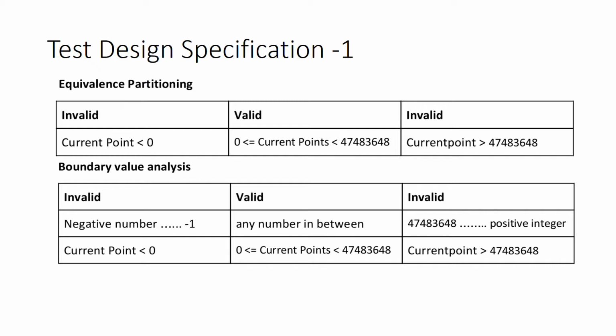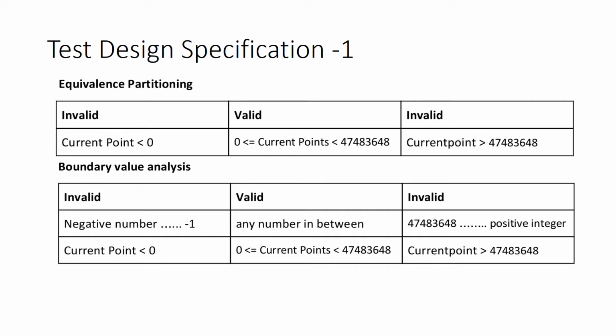This is a very large number, where the valid points could be between 0 and 4748368.